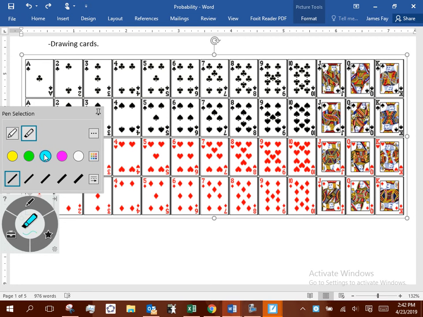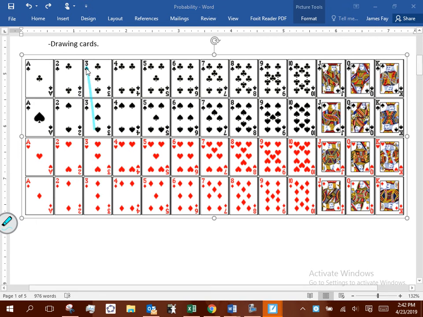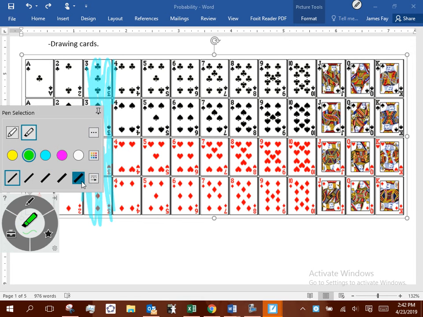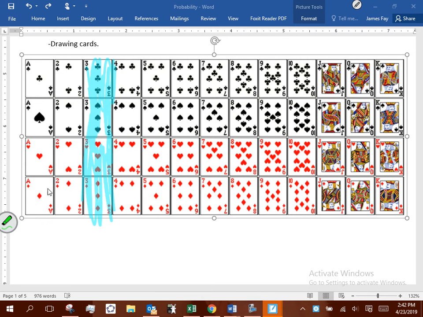So let's highlight the 3s. So there's your 3s, right? And those got counted in the 4 out of 52, correct? Then if I highlight the diamonds, got right here, right? Those got counted in the 13 out of 52, correct?